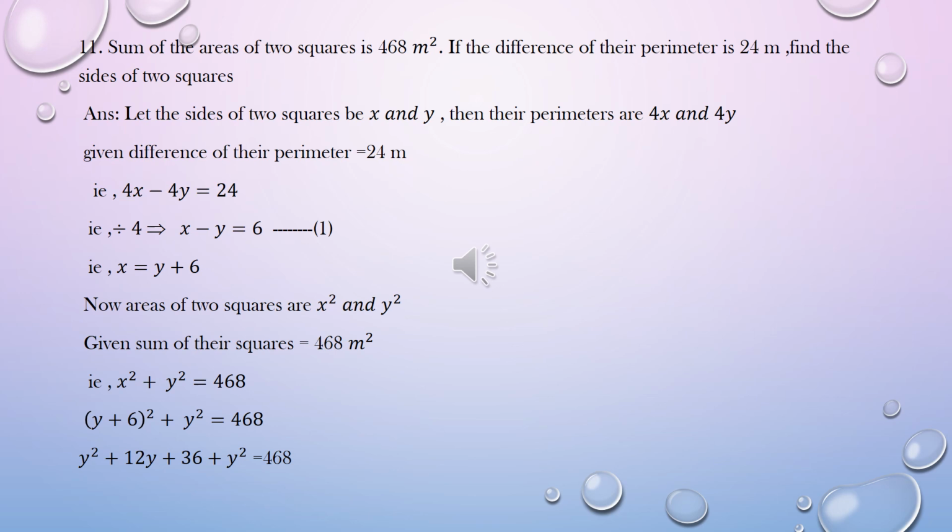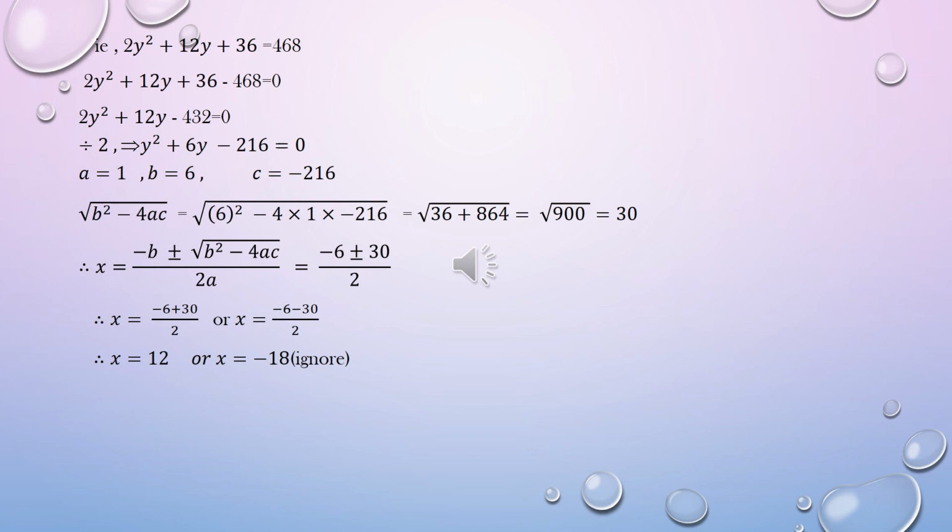So our equation will be y plus 6 whole square plus y square equal to 468. Using the first identity for y plus 6 whole square, we have y square plus 12y plus 36 plus y square equal to 468, which is equal to 2y square plus 12y plus 36 equal to 468.